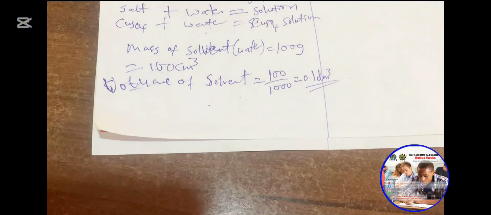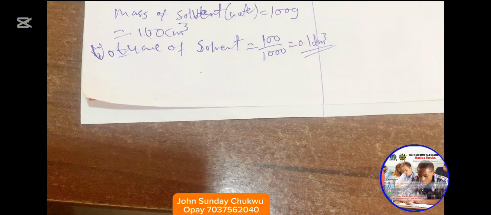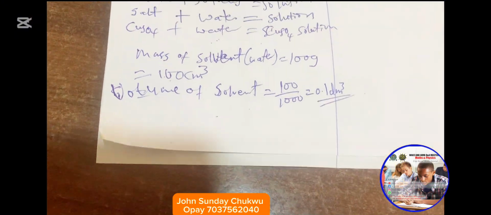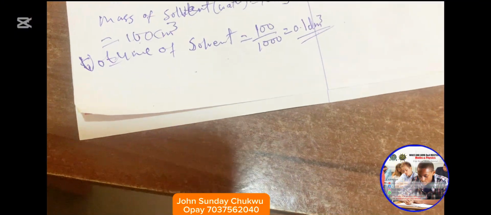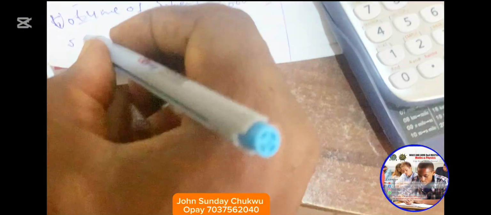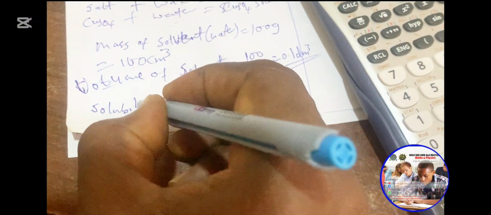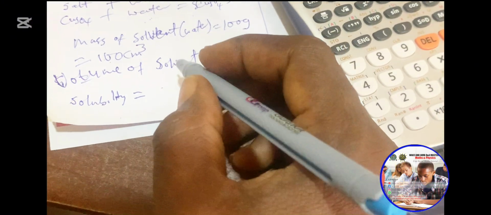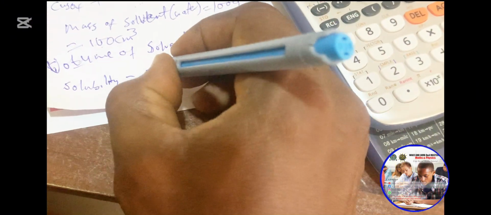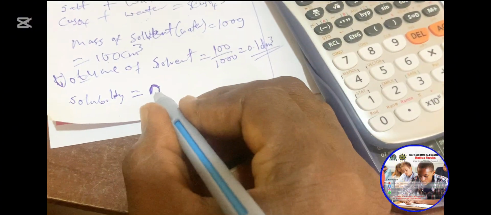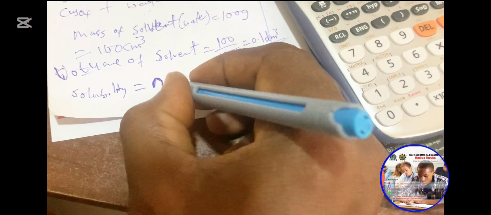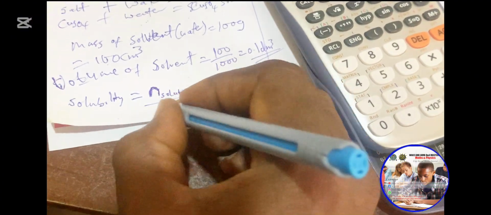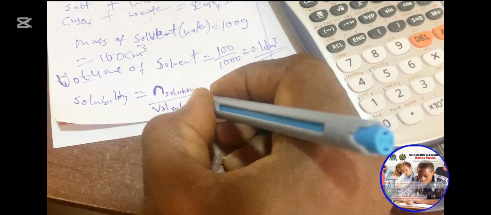Okay, so now let us put down the formula for solubility, or if you like, molar solubility. The formula for solubility is equal to the number of moles of solute over the volume of solution.